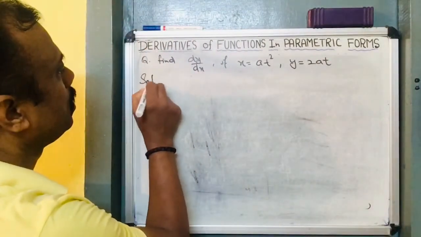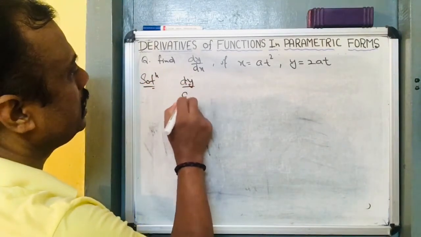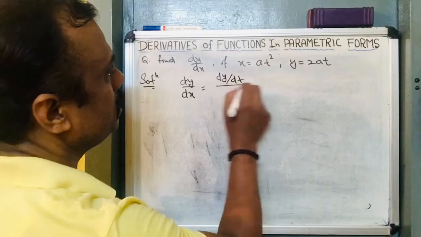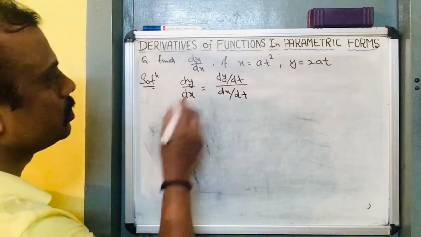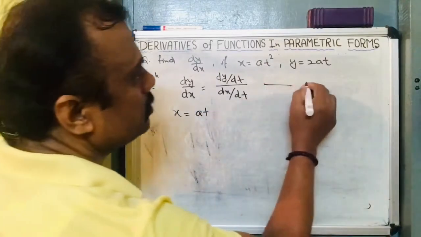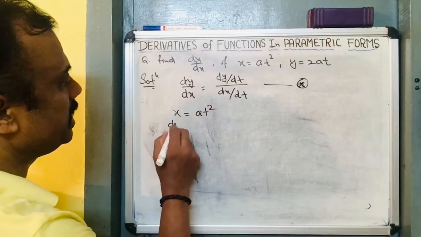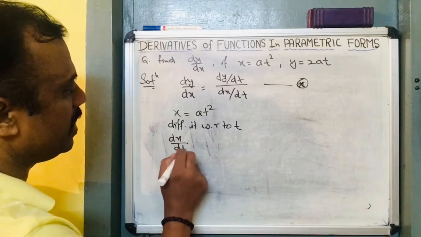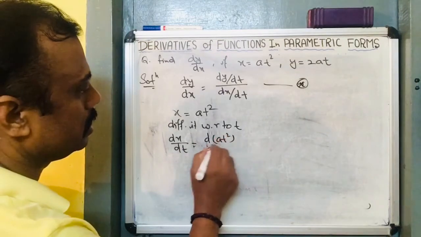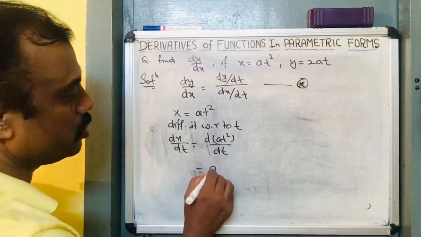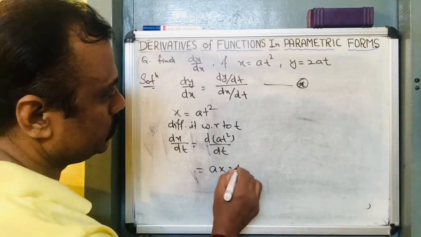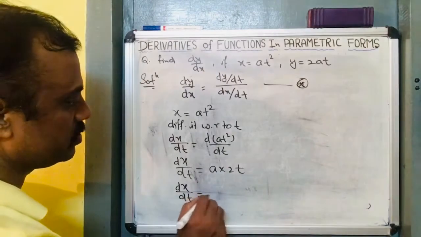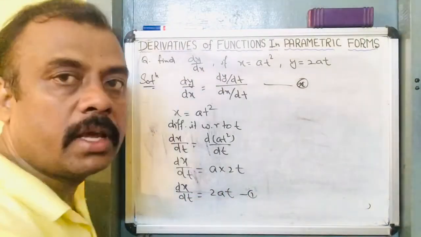Now solution: we have to find dy/dx, which can be written as (dy/dt) upon (dx/dt). Considering x equals at square, differentiating it with respect to t, dx/dt equals, since a is a constant, 2t, so dx/dt equals 2at. Let it be equation 1.